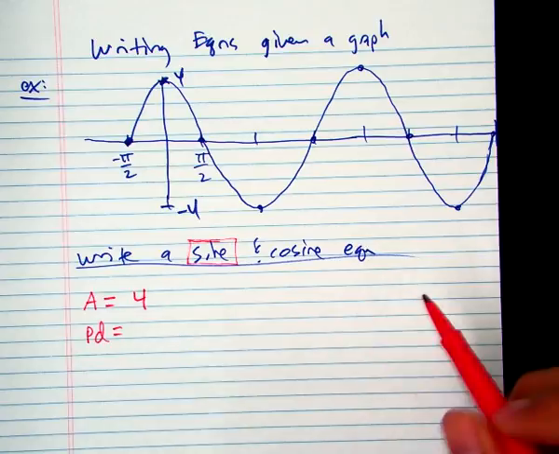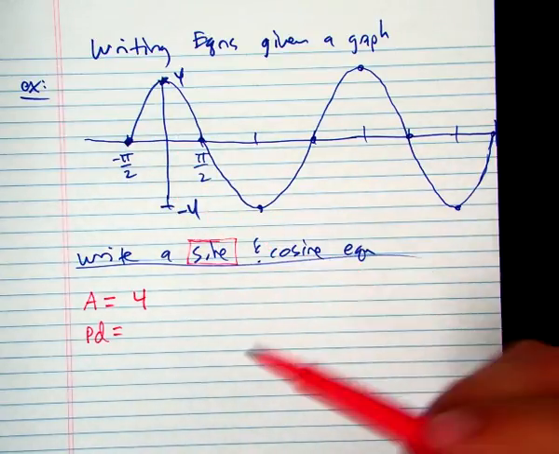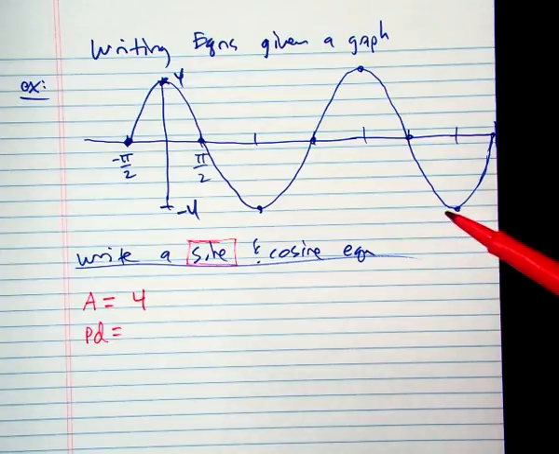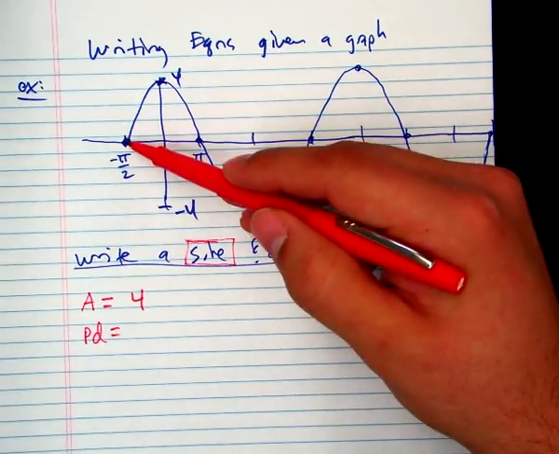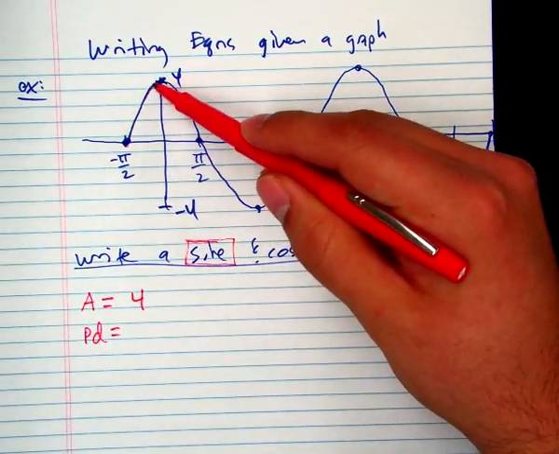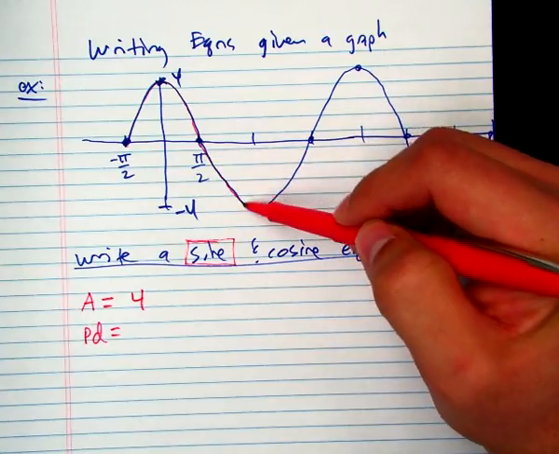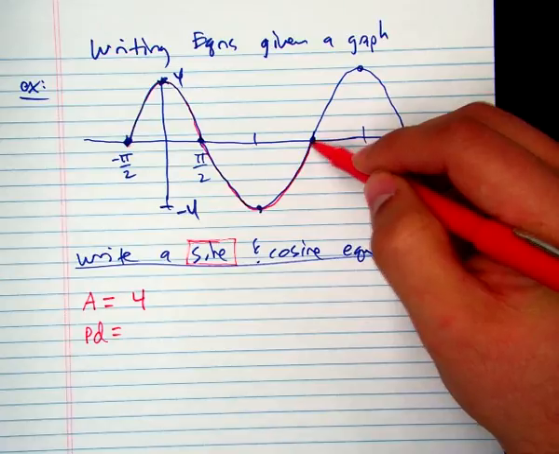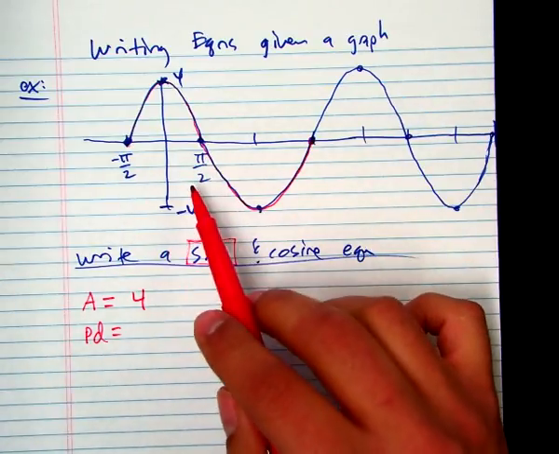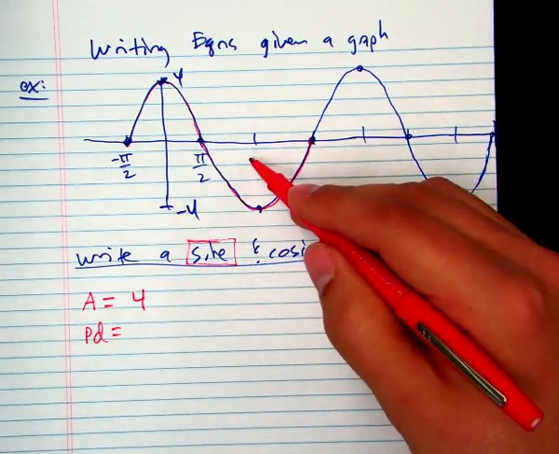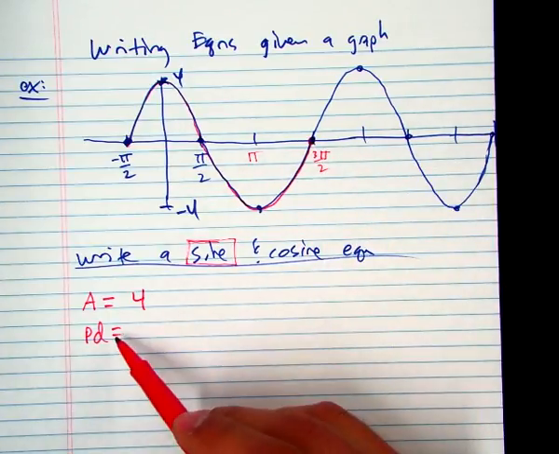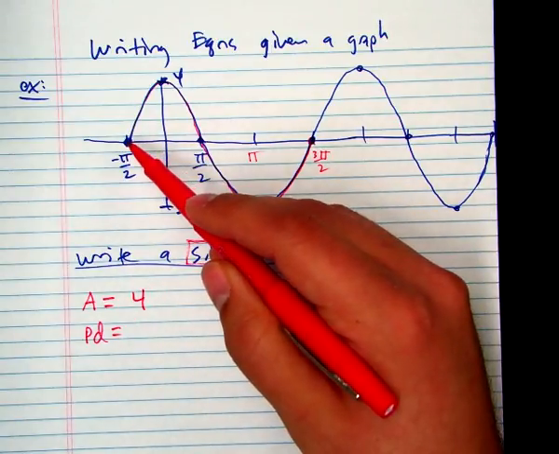Do you guys see where I could start a normal sine wave? Where would I start it, Brandon? So over here, do you guys see that if I follow the points, where do I stop? Here? What value is this? Pi over 2. This is pi. This is 3 pi over 2. Okay. So how long would the period be if I'm going from negative pi over 2 to 3 pi over 2?